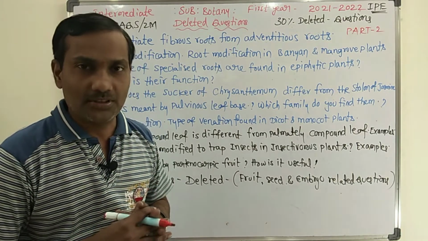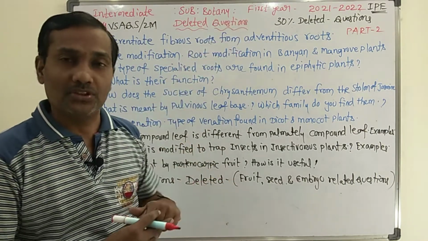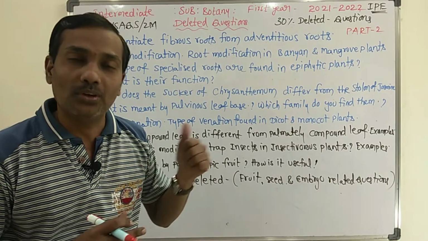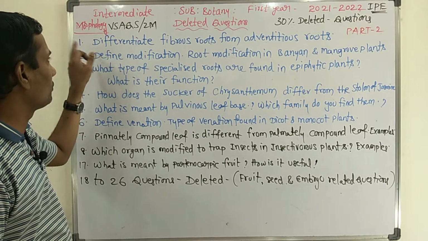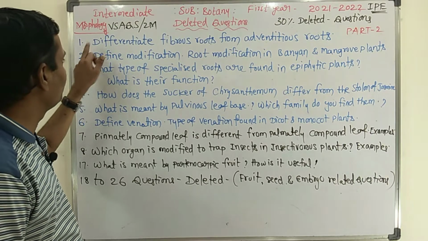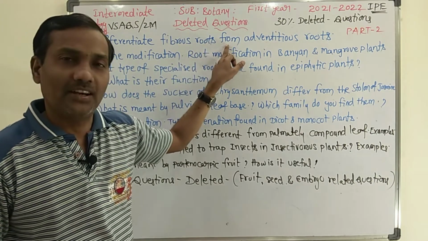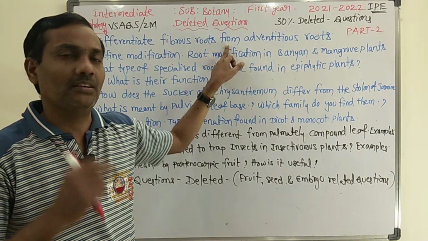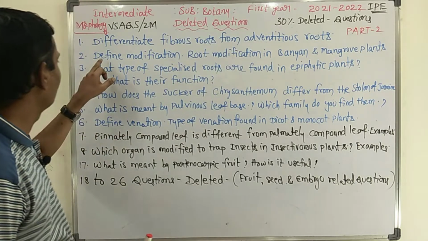Very short answer questions. Whatever I am going to say are few questions which are deleted only for this academic year. First, very short answer questions, 2 mark questions. First question, differentiate fibrous roots from adventitious roots. That is a very short answer question, 2 mark question, that is deleted.